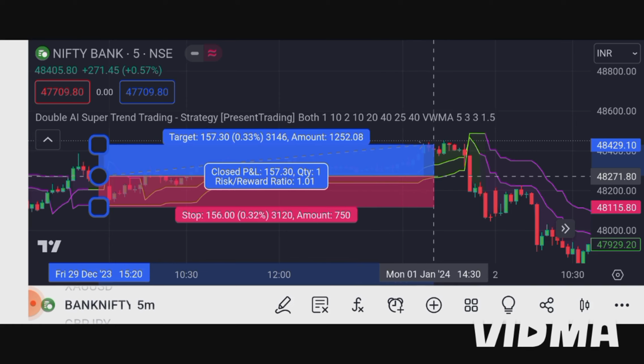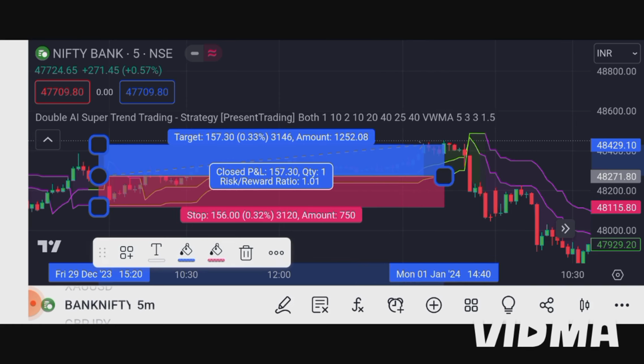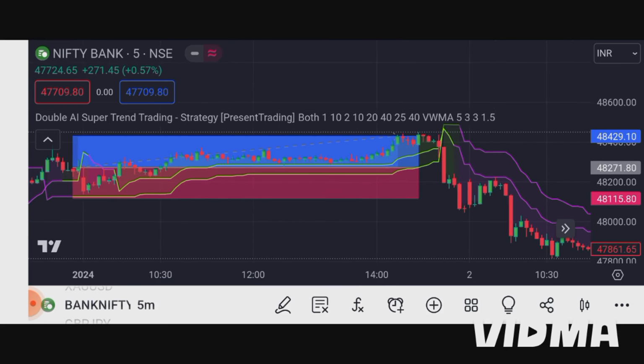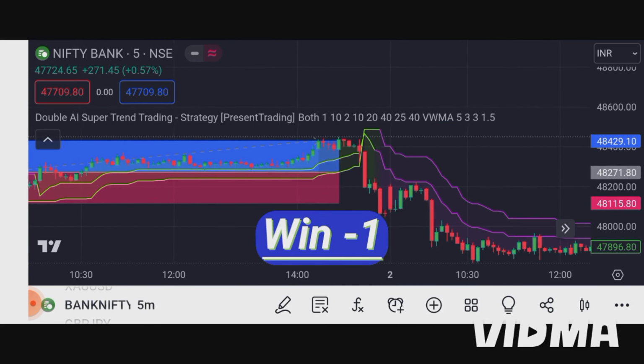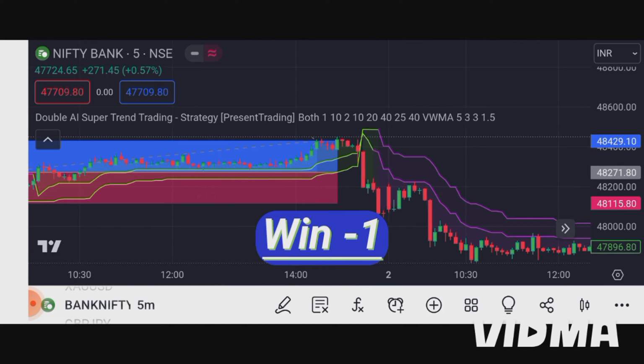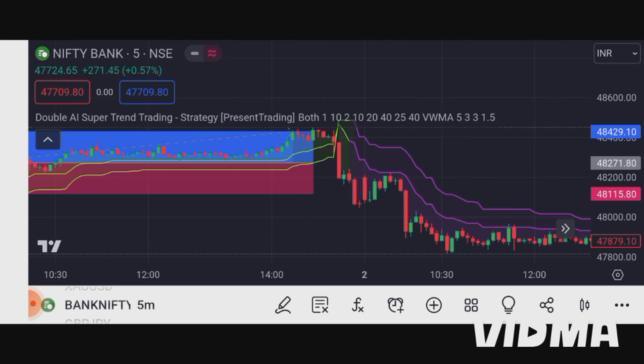If you check, our target was successful on the 1st of Jan. Then the market came down below this green Super Trend, and the Super Trend color changed to purple, both changed to purple. So we go for a sell position.